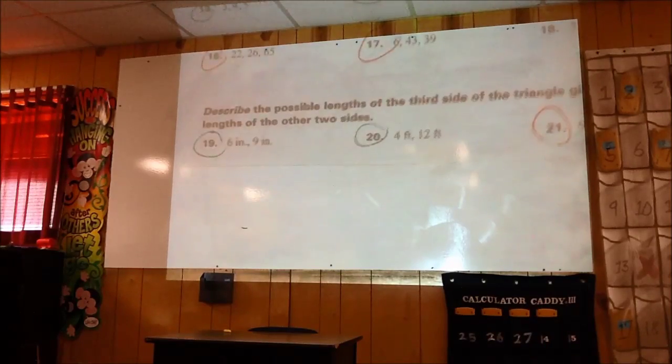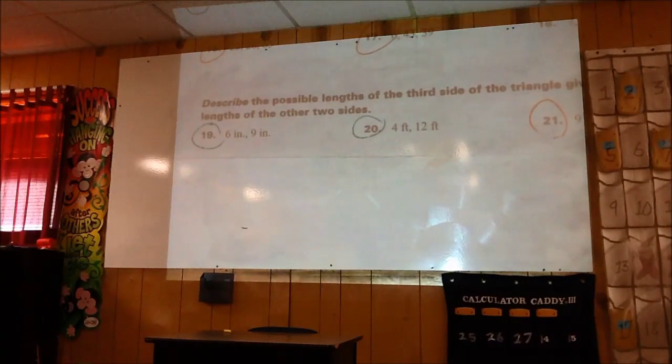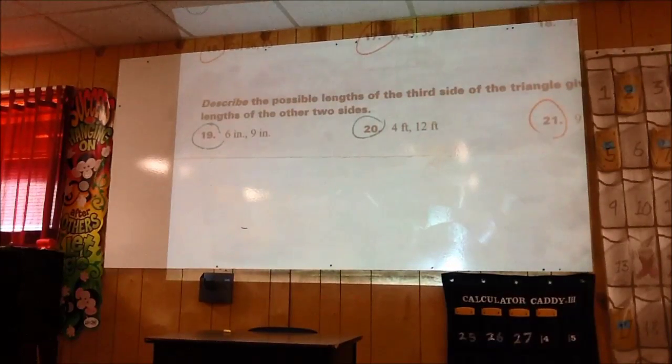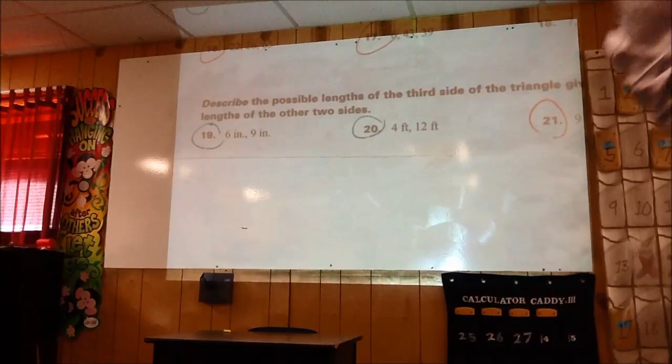Number 19 says, describe the possible lengths of the third side of the triangle given lengths of the other 2 sides. Okay?